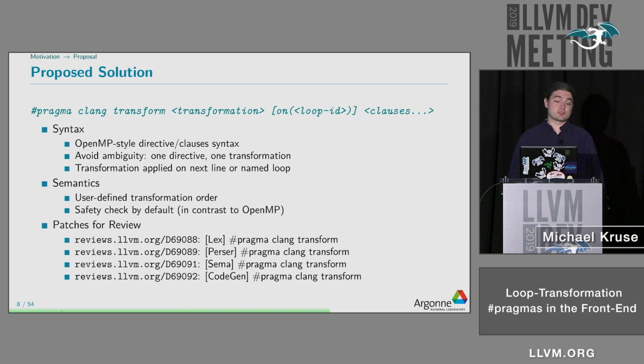My proposed solution is to introduce a new pragma, pragma clang transform, followed by the transformation, and using clauses like the OpenMP implementation does. This avoids the ambiguity you've seen before. I gave up on trying to reuse the existing Clang loop pragma, to make the syntax better understandable while still keeping backwards compatibility.